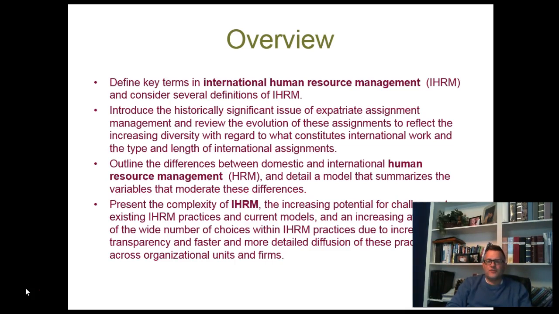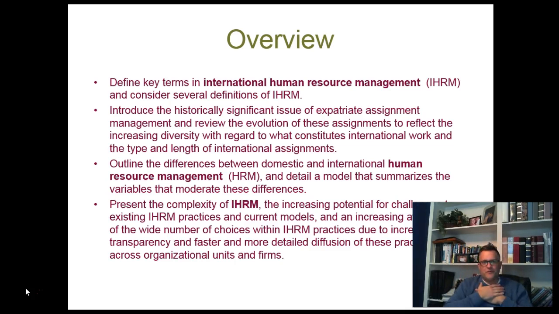We'll outline the differences between domestic and international human resource management. That's going to be important too. So we're going to see a lot of the same duties and functions that a domestic human resource manager does on an international basis. But what you need to keep in mind is going to be much broader in scope.